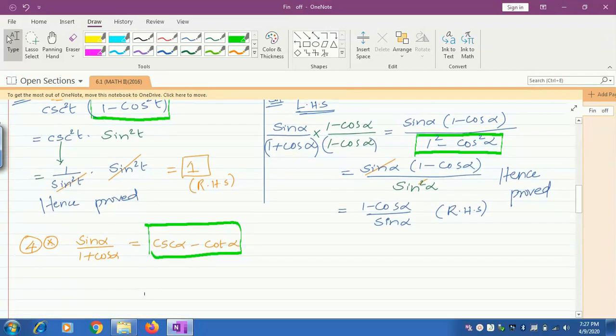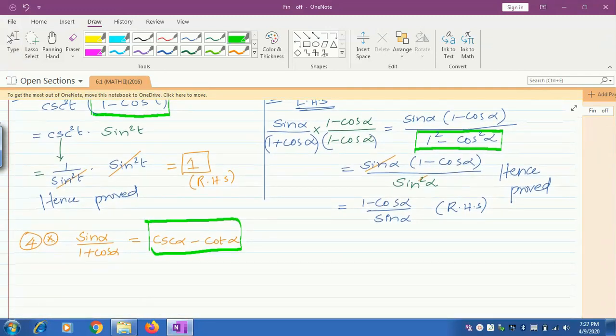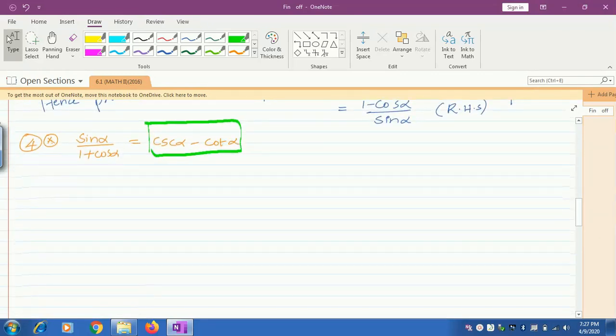So let us solve. What you have to do? Just take the LHS. What is your LHS? Sine alpha over 1 plus cosine alpha. So I have to multiply with the conjugate.